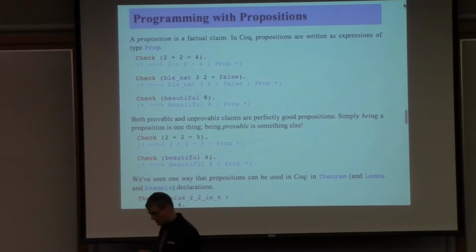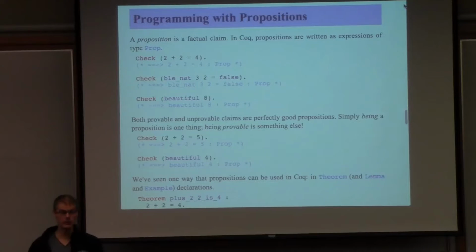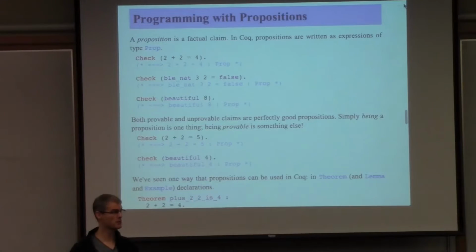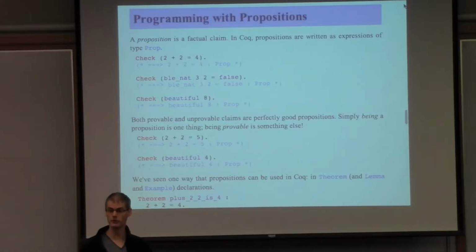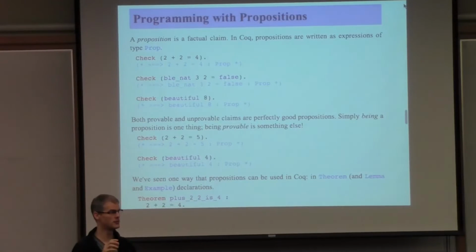And so, for example, you can write a function that walks over a list and in some way calculates a proposition. For example, you could have maybe a list of propositions, and you could write a function that folds over the list and forms the proposition that is their conjunction. That's a perfectly sensible thing to do.